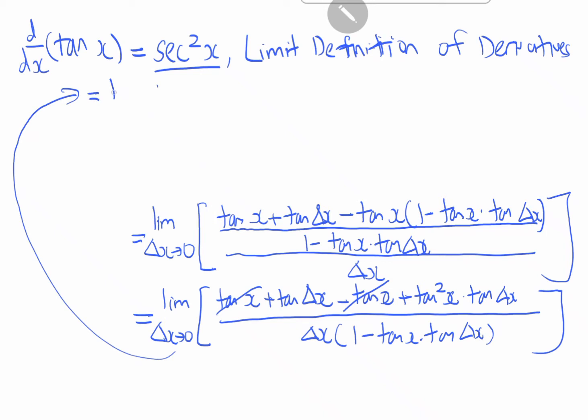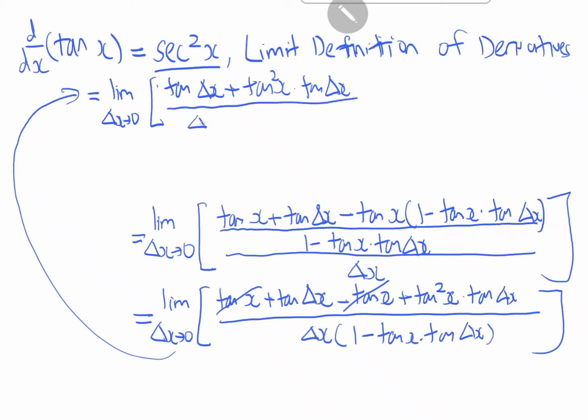So equals to limit delta x goes to 0, tangent delta x plus tangent square x times tangent delta x over delta x times 1 minus tangent x times tangent delta x.